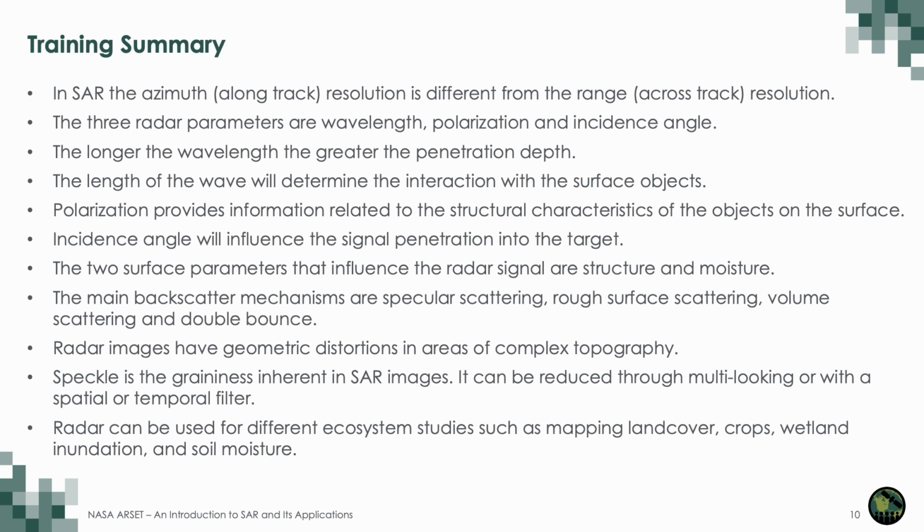Speckle is that graininess effect inherent in SAR images, and it can be reduced, not fully removed, but reduced through multi-looking or with a spatial or temporal filter. Multi-looking and spatial filtering will reduce the spatial resolution of your image. And radar can be used for different ecosystem studies, such as mapping land cover, crops, wetland inundation, and soil moisture.